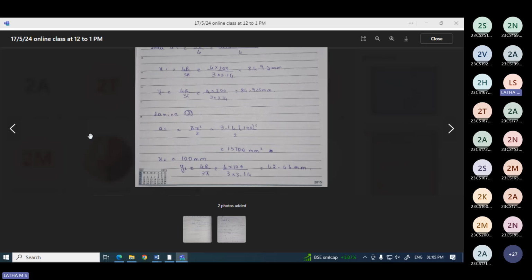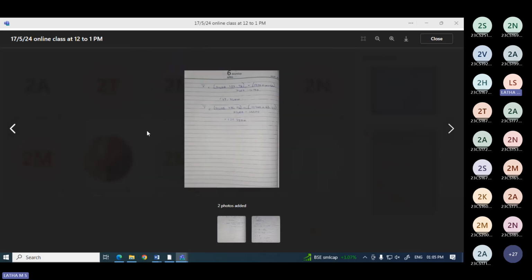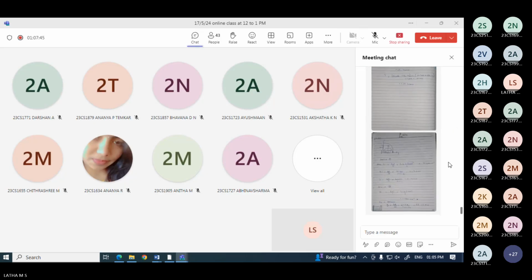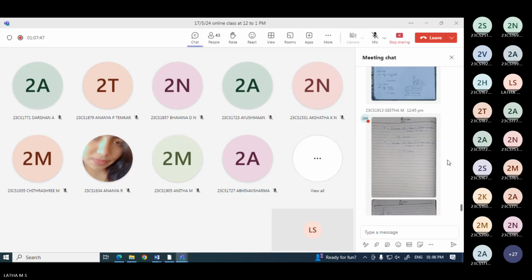Here is y1 and x1. In the diagram, you should show me where is x1 and y1, x2 and y2.